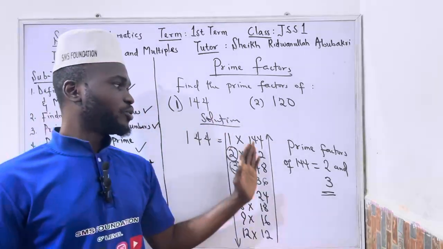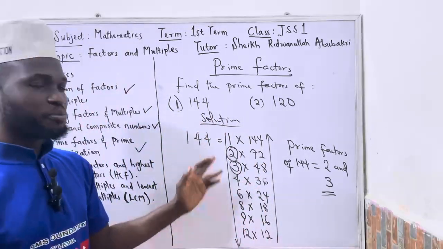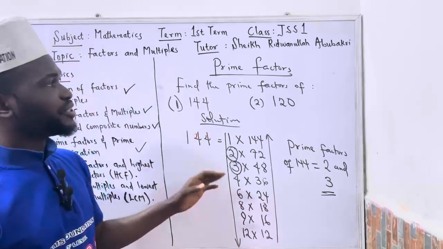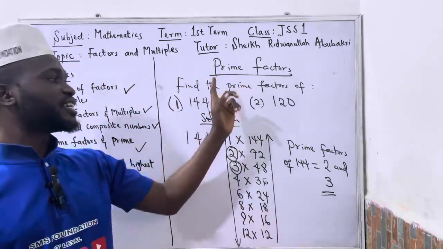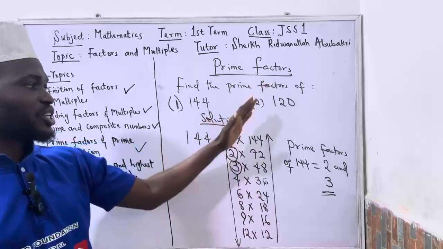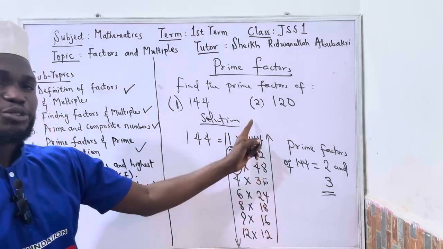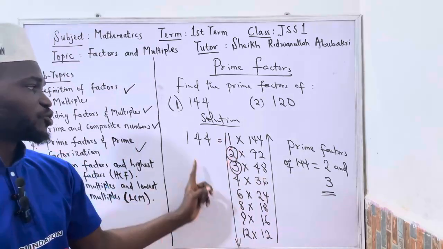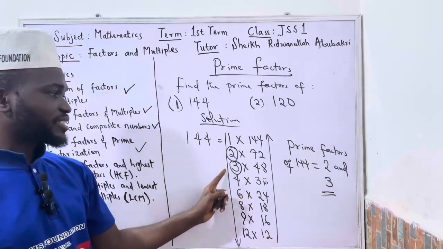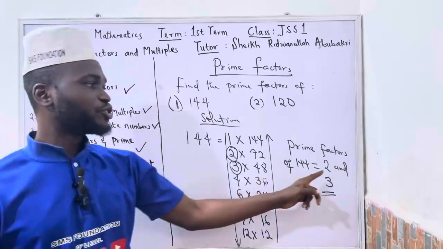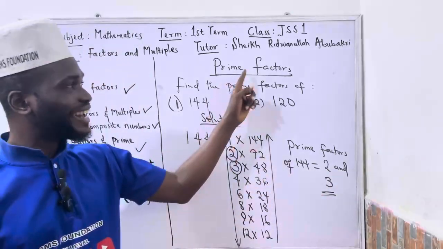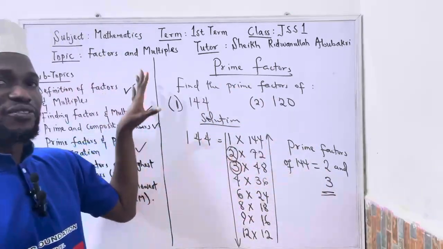But you always try to follow the process and see what is happening. With this method now, you understand what we mean by factors. If you write out everything like this, that means you have written out all of the factors of 144. But if you select 2 and 3 only, that means you have selected the prime factors among the factors.